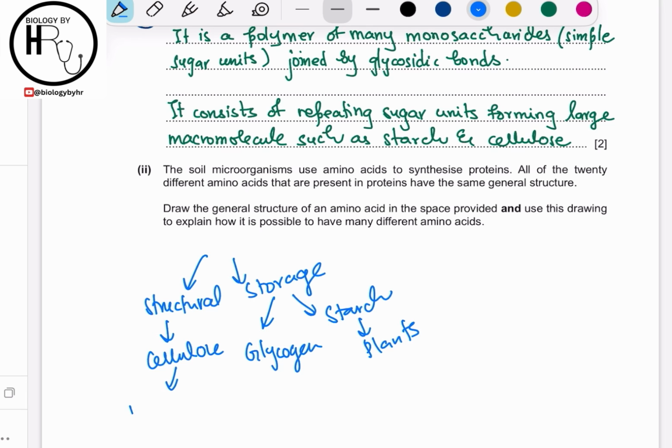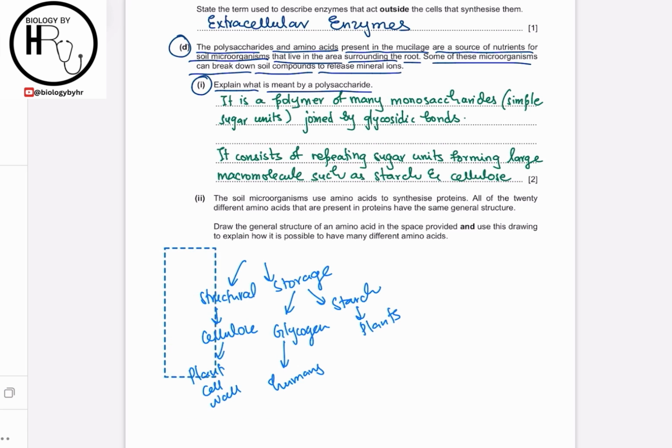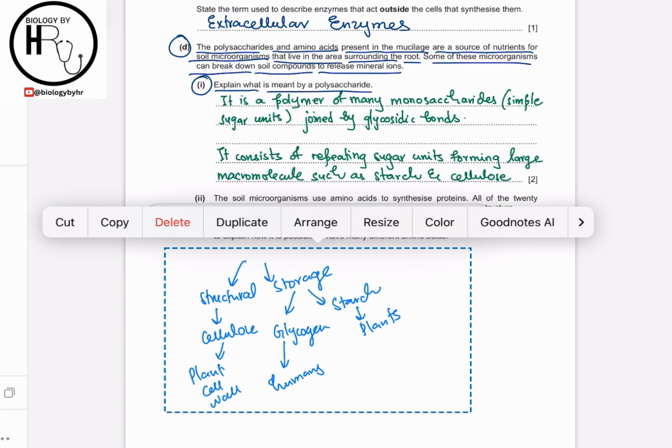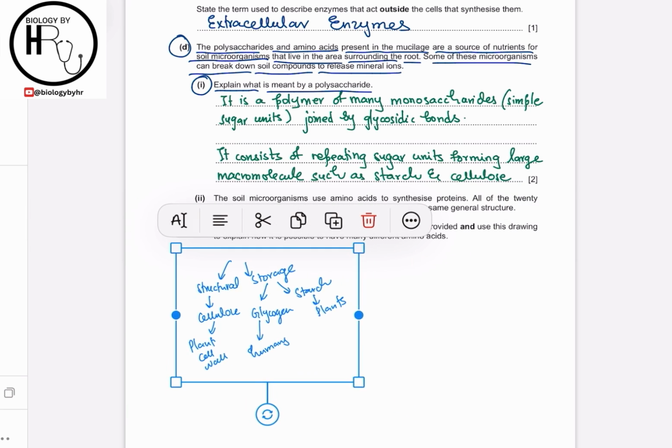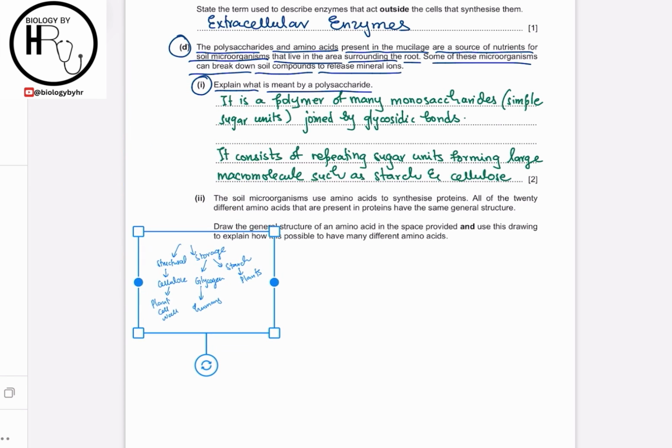Cellulose is also found in the plant cell wall. Glycogen, however, is a storage polysaccharide in humans. Right, so basically this is how you are supposed to answer this question, and this is some detail about this part of the question that we discussed over here.